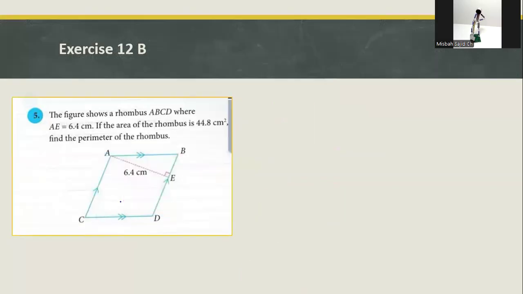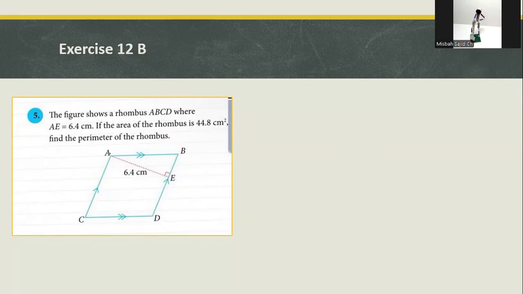So now let's proceed further. Here it is question number 5. Let's read out its statement. The figure shows a rhombus ABCD, where AE is 6.4 centimeter. What is AE? AE is basically the height, because it is perpendicular to BD and making an angle of 90 degrees on the line BD.